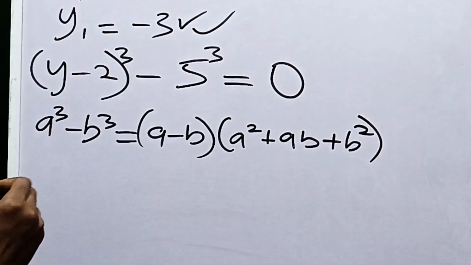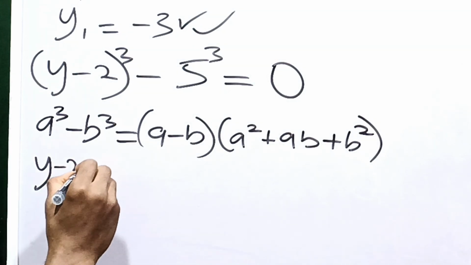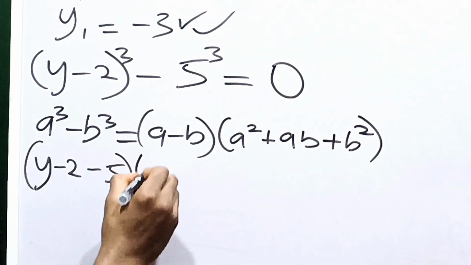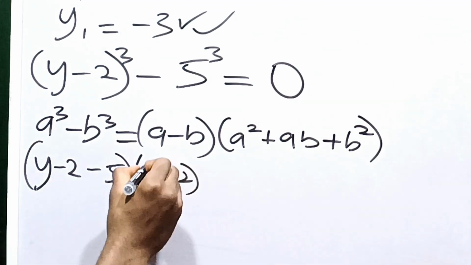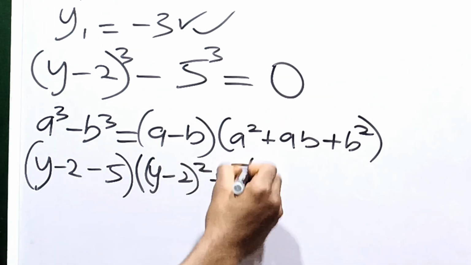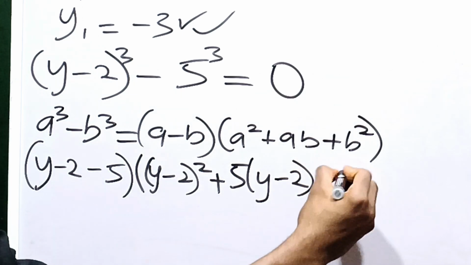Applying this law here, we have y minus 2 minus 5 multiplied by y minus 2 squared plus 5 multiplied by y minus 2 plus 5 squared.